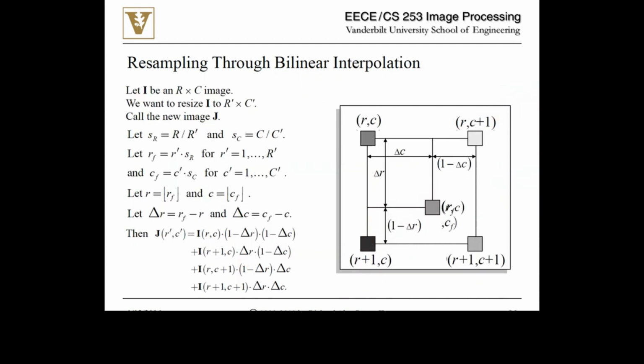Okay, so now let's go for equations. Let's say I have 4 values at these points, at these locations: (r, c), (r, c+1), (r+1, c), and (r+1, c+1). So those are the points where I have to fit the plane.